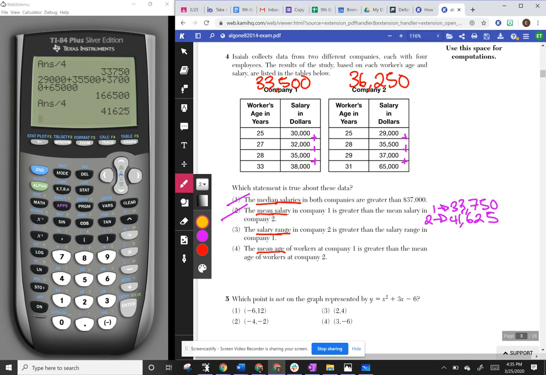Okay, 3. The salary range in company 2 is greater than the salary range in company 1. And if you recall, for the range, you're subtracting the biggest and the smallest number. So for salary company 1, it's 38,000 minus 30,000. So the range here is $8,000.